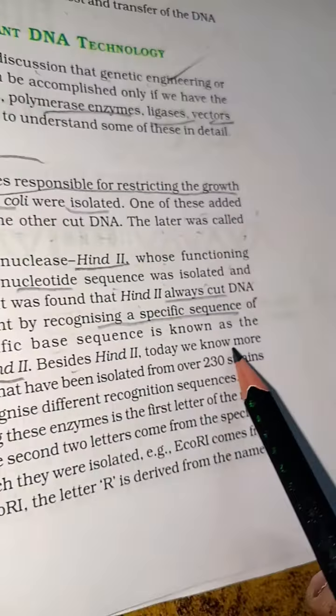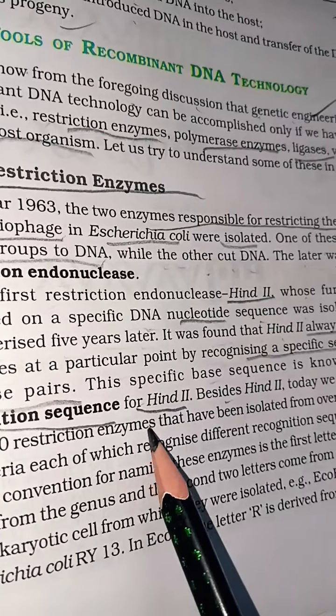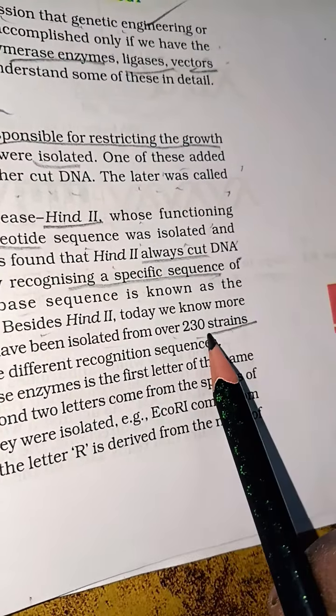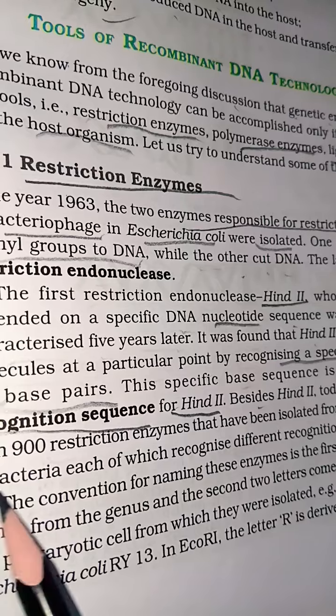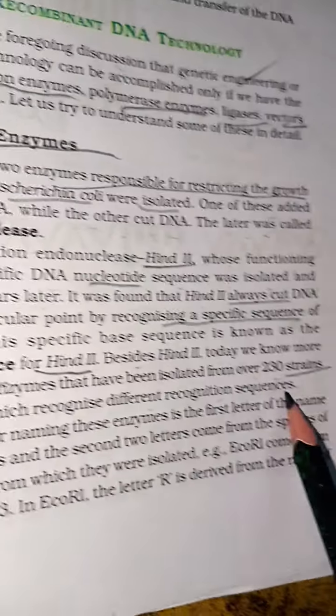Besides Hind II, today we know that more than 900 restriction enzymes have been isolated from over 230 strains of bacteria, each of which recognizes different recognition sequences.